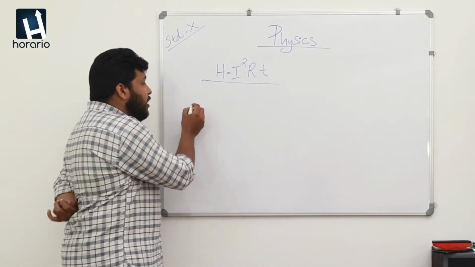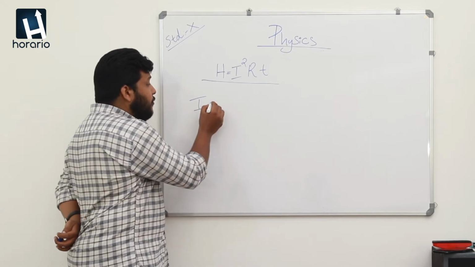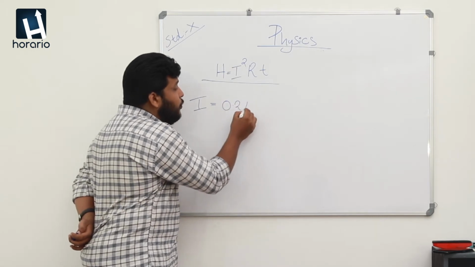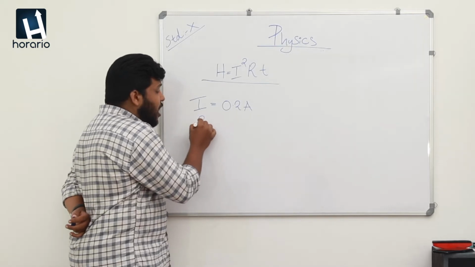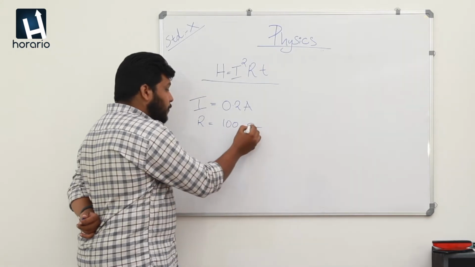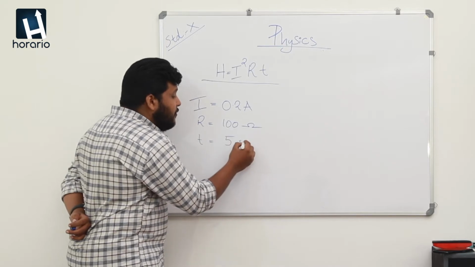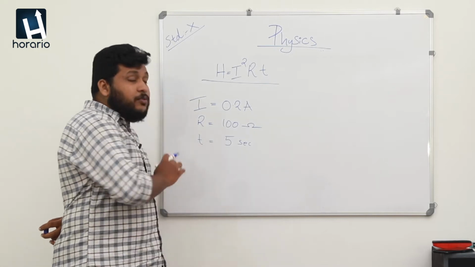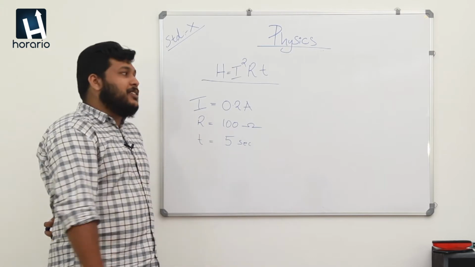According to the question, the given data are: current I is 0.2 ampere, resistance R is 100 ohm, and it's working for a time of 5 seconds. So we want to find how much heat energy is produced in this circuit.